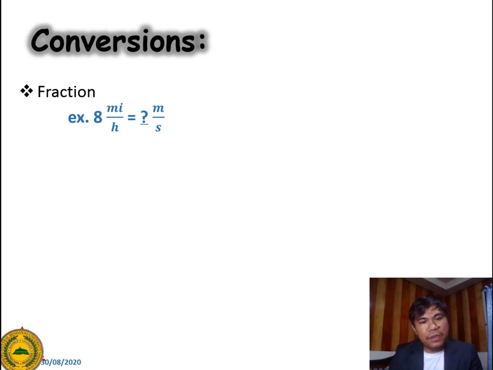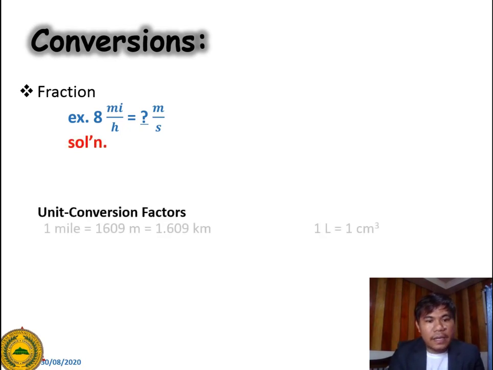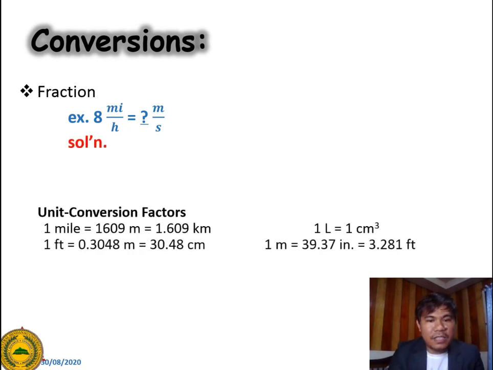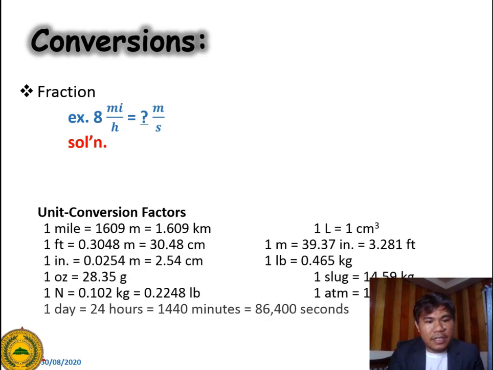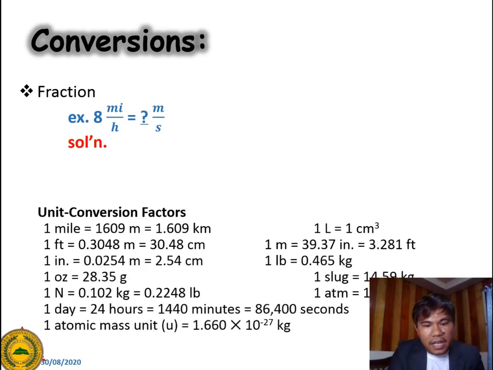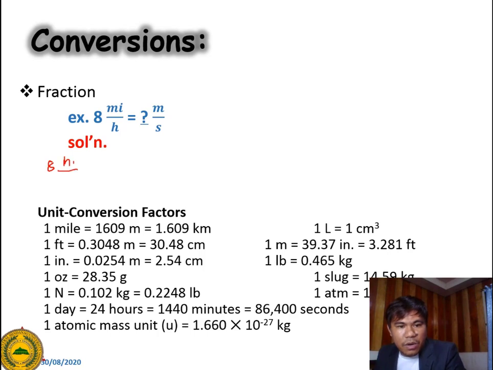Now, if we want to convert 8 miles per hour into meter per second, again, all you have to do is to remember the conversion factors that we had earlier, and then we proceed by doing the solution. That is actually we write 8 miles per hour and then copy it, so you have 8 miles per hour.